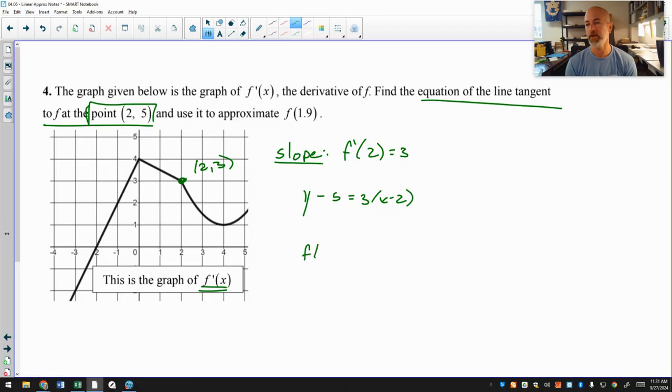And then for f of 1.9, we'll simply plug 1.9 into that: 3 times (1.9 minus 2) plus 5. 3 times negative 0.1 plus 5 is 4.7, our approximation of f.